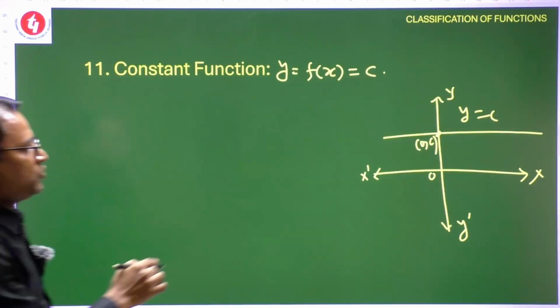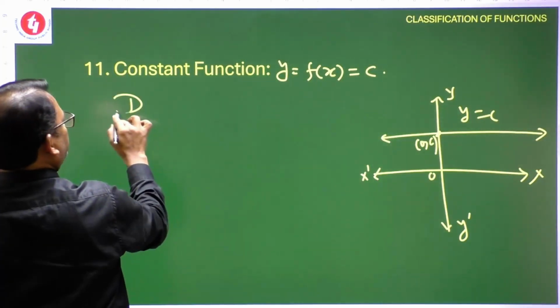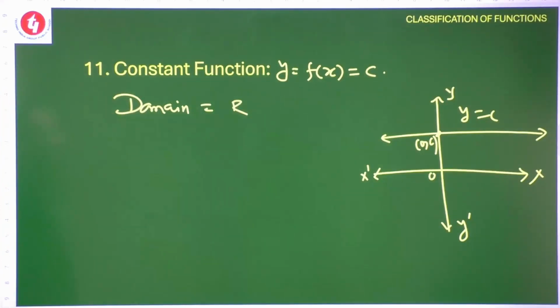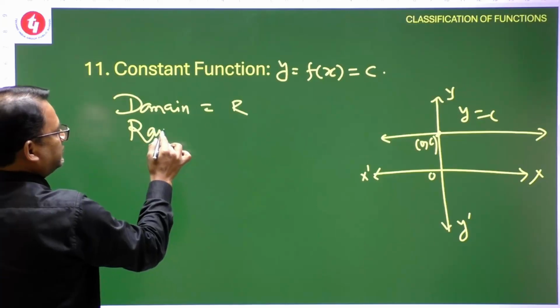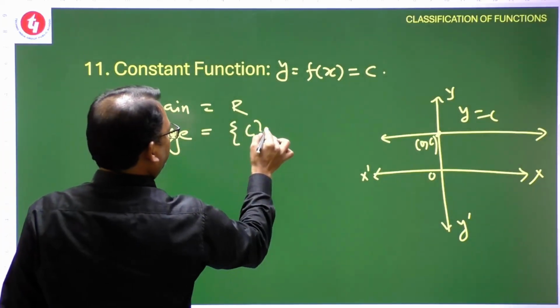Whatever you give as input, the output is always fixed. So the range is nothing but a singleton set. The domain of the function is the set of all real numbers. What is the range of this function? The range of this function is the singleton set {c}.